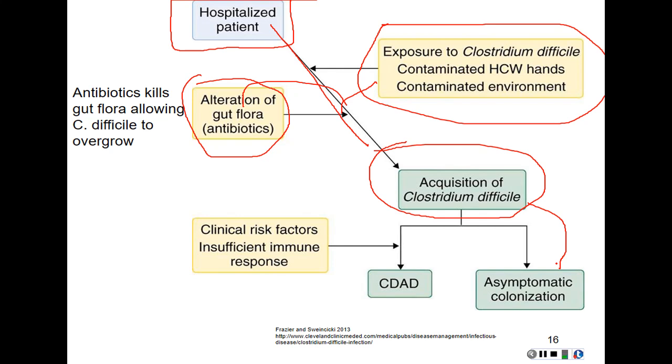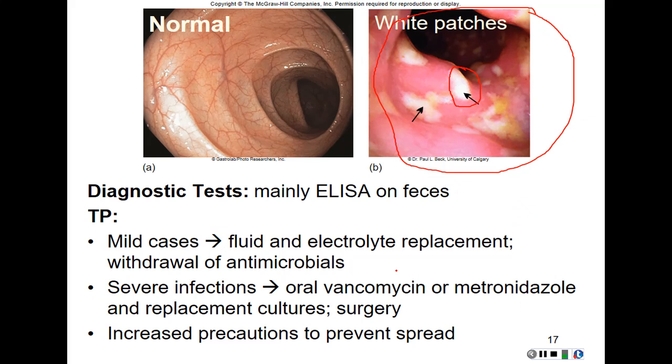It's the same thing with tuberculosis, and we'll talk about that later on in this chapter. That doesn't always lead to disease. So depending on clinical risk factors and the immune status of the patient, you can get C. diff-associated disease. Okay, so diagnosis of this, as I said, is ELISA, enzyme-linked immunosorbent assay, for that toxin A and B in the fecal material.